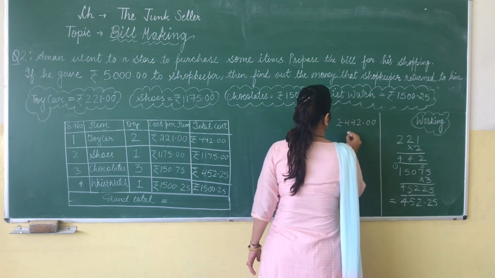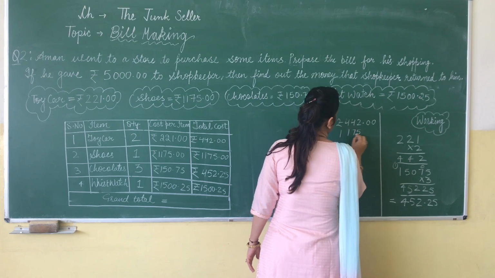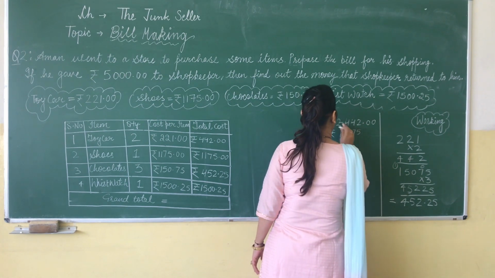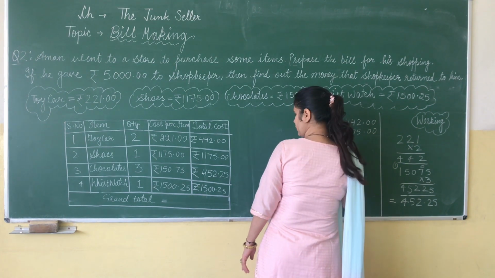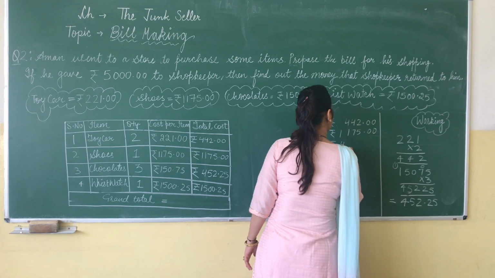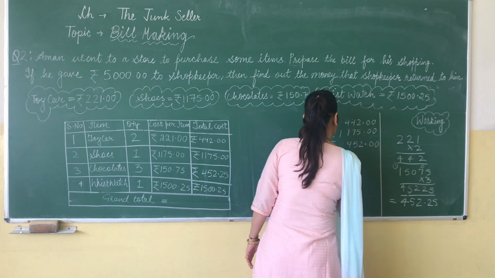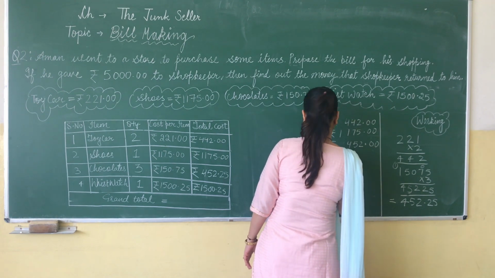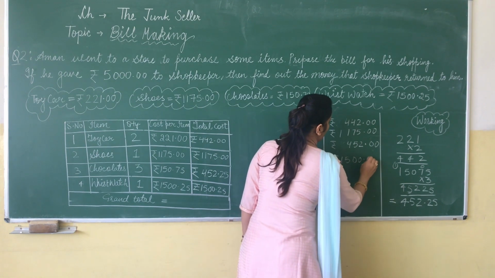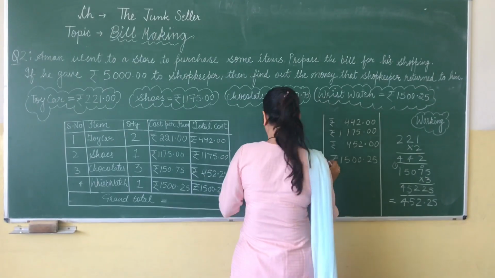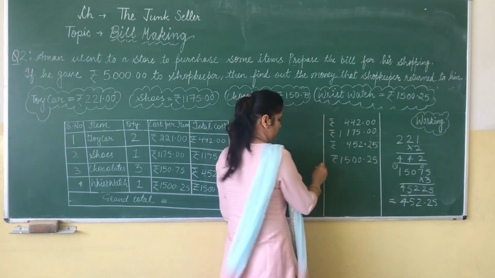442, 1175 rupees, 1525, 452 rupees 25 paise.